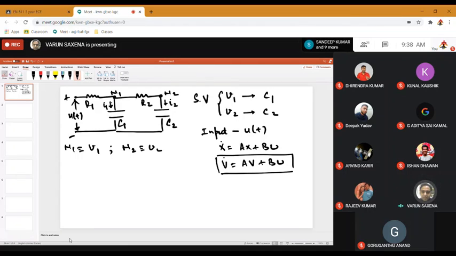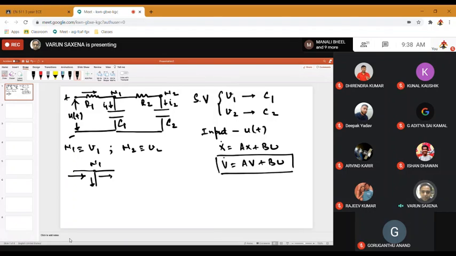So nodal analysis is something like this. Let's look at this node. What we do is look at the current flow about this node. If you look at node N1, forget all the components there. Some current is coming from this side, and that current is bifurcating into some current here and some current there.